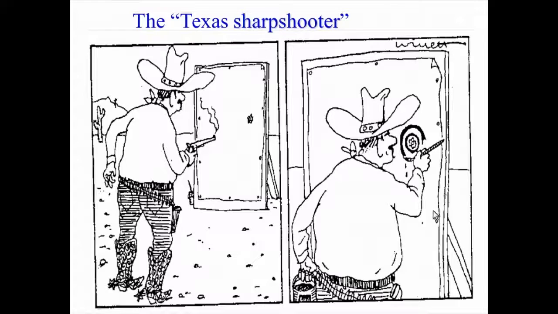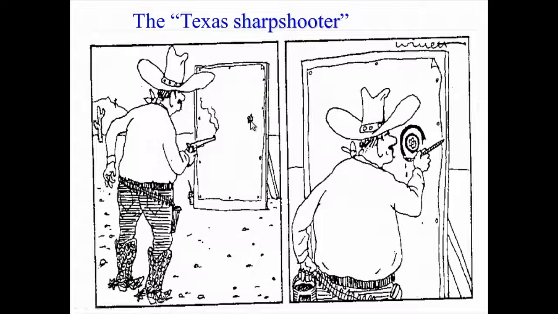So this phenomenon of drawing attention to a particular area, because there seems to be an unusual pattern of clustering going on, is called the Texas sharpshooter effect. It refers to this cartoon cowboy who shoots at a door and then goes and draws the bullseye around it.